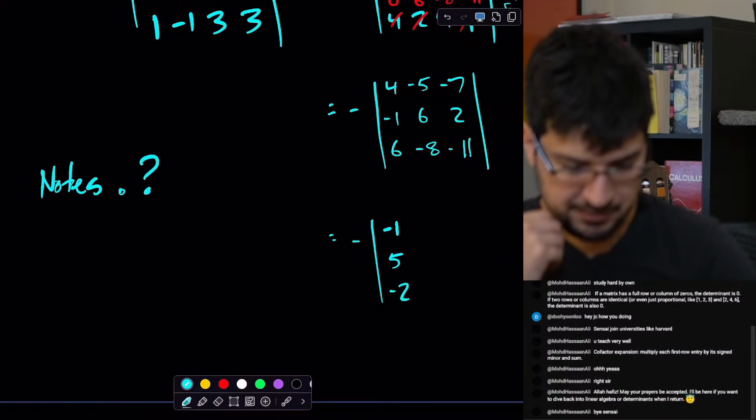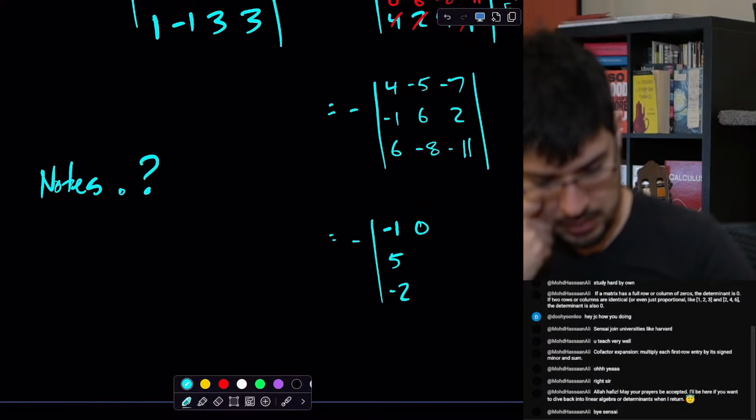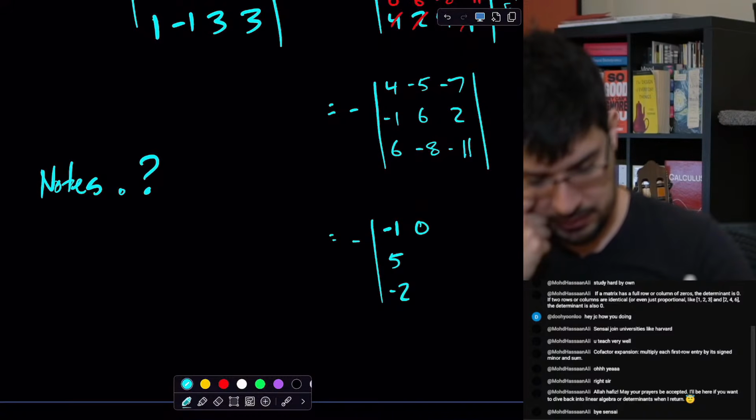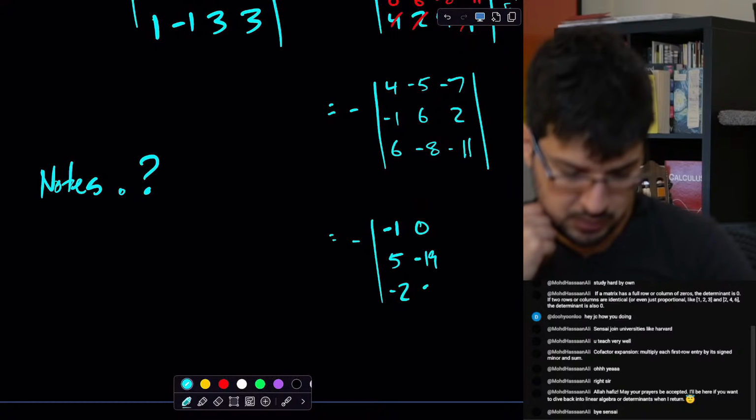Then let's subtract 5 times the first column from the second column. So negative 5 plus 5 is 0. 6 minus 25 is negative 19. Negative 8 plus 10 is 2.